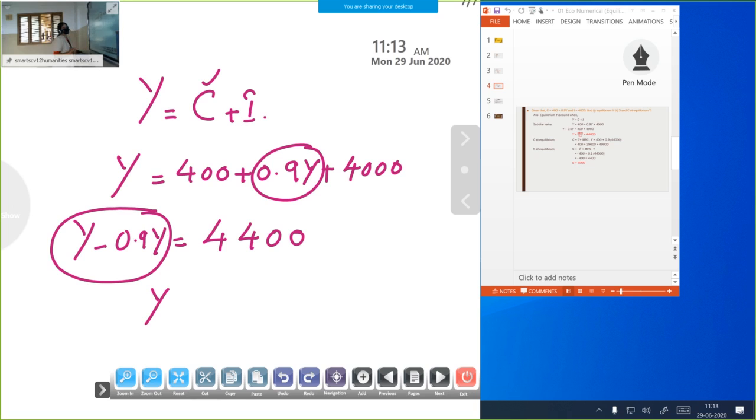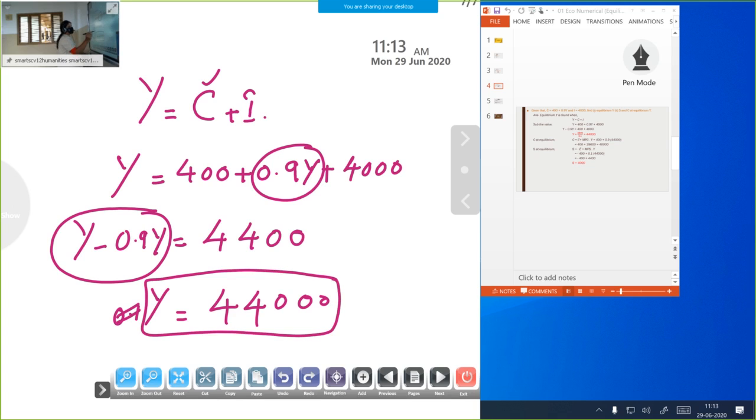That we can write. y is equal to, we will get 44,000. One step I skipped.